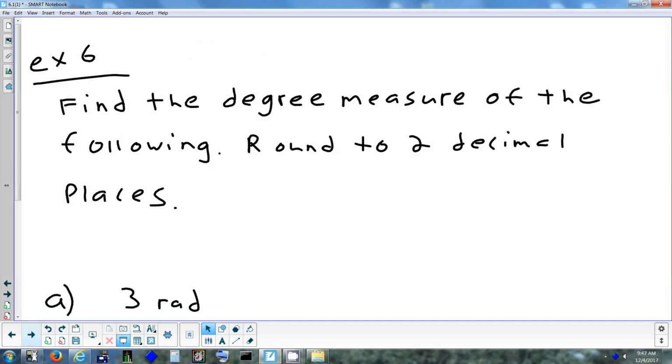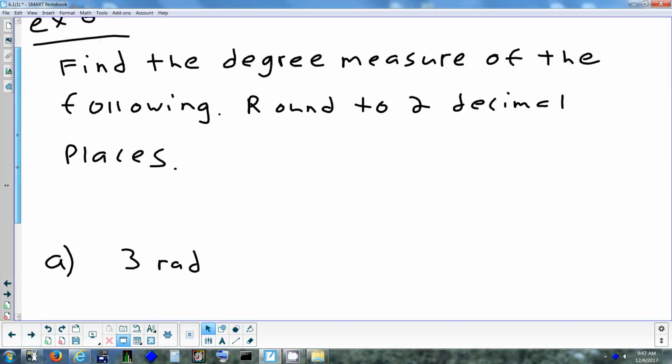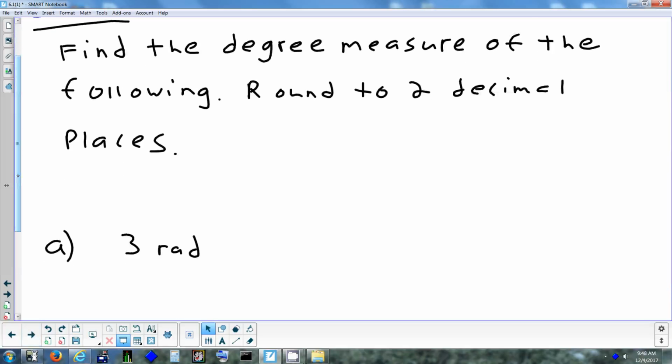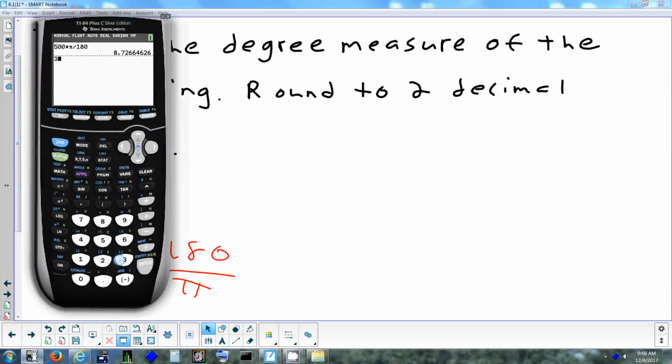Let's try converting a radian to degrees and then rounding it off. Okay, so you multiply by 180, divide by pi. And on this one, I'll show you what happens if you use the pi button versus 3.14. It'll make a pretty good difference. 3 times 180 is 540, divided by pi.